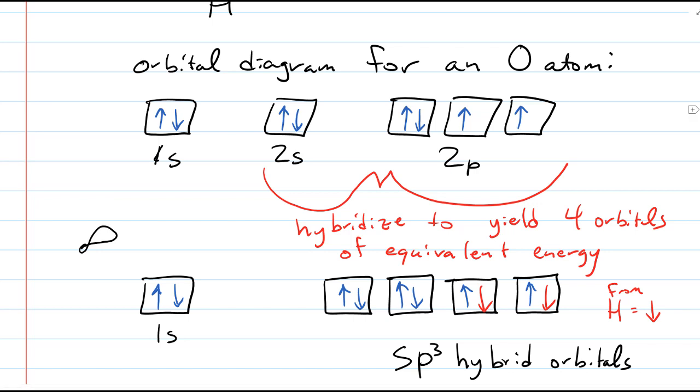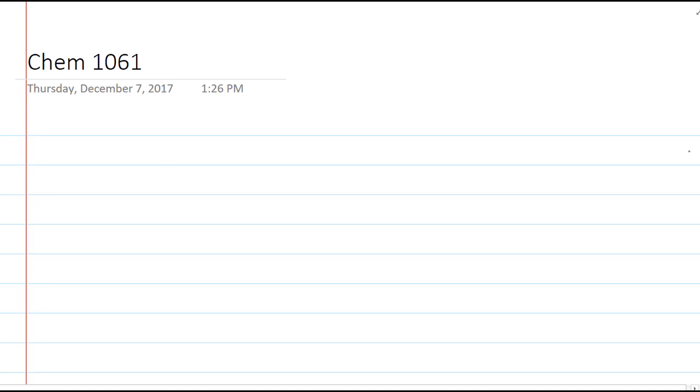Okay, then we look at SF4 as an example. This is the one that we came in with today. We want to talk about how we exceed the octet rule. So if we look at SF4, and again, we're going to go back and draw the structure we had when we first came in today. We had the sulfur bonded to the fluorine. Actually, 4 fluorines.